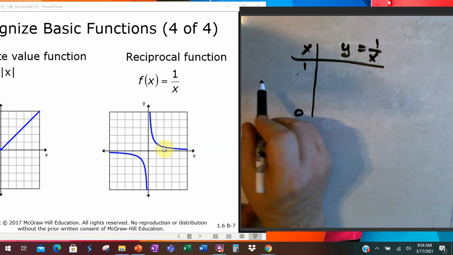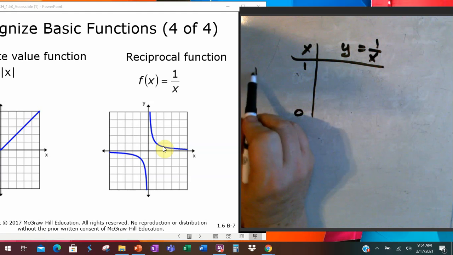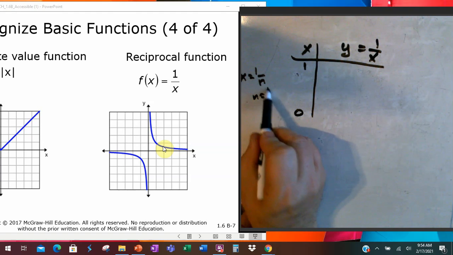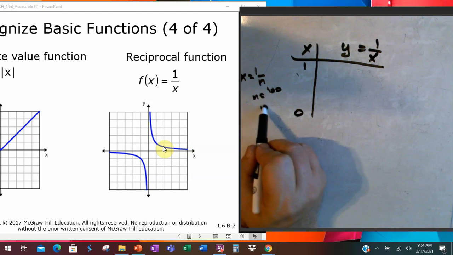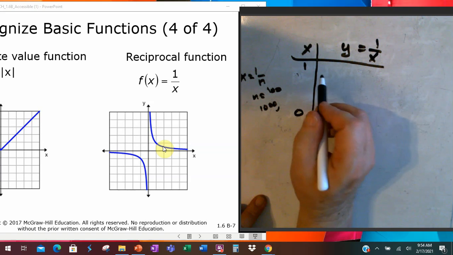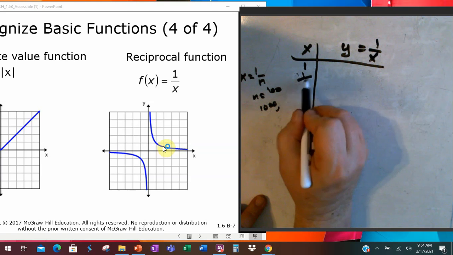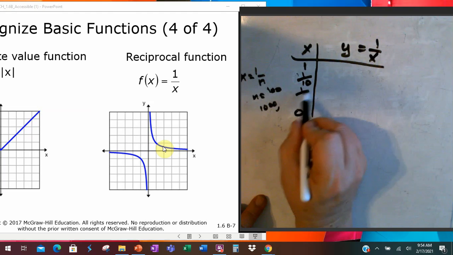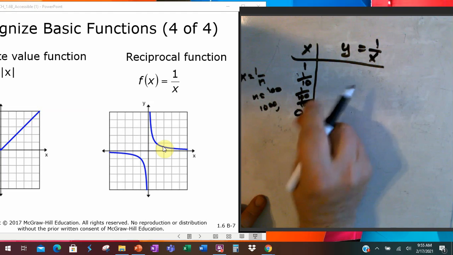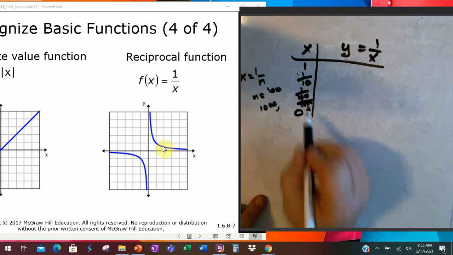And what I'm thinking of is I'm going to let x be like 1 over n, and then I'm just going to say, okay, well, that's 100, 1,000, 10,000. So what would these numbers look like? Well, let's go 1/10, 1/100th, 1/1,000th. So these are smaller numbers, right?